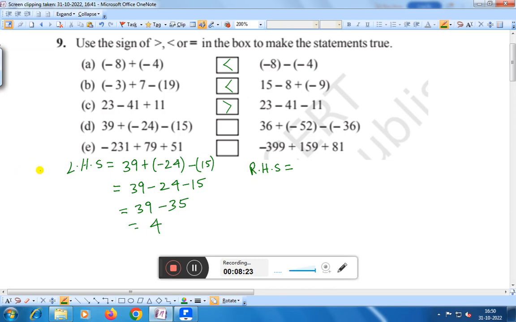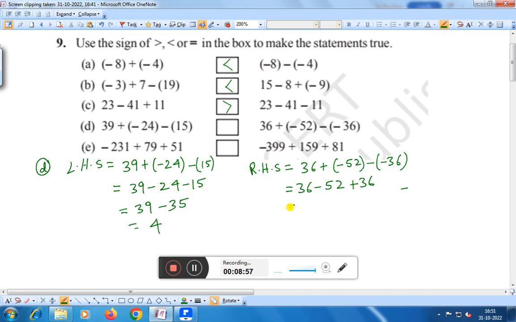Right hand side, question number D, is 36 plus of minus 52 minus of minus 36. That is equal to 36 plus it is minus 52 and minus it minus is plus 36.